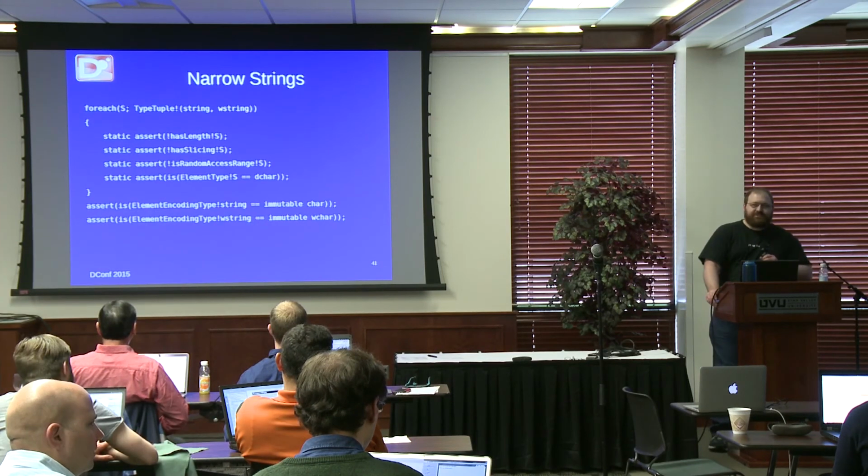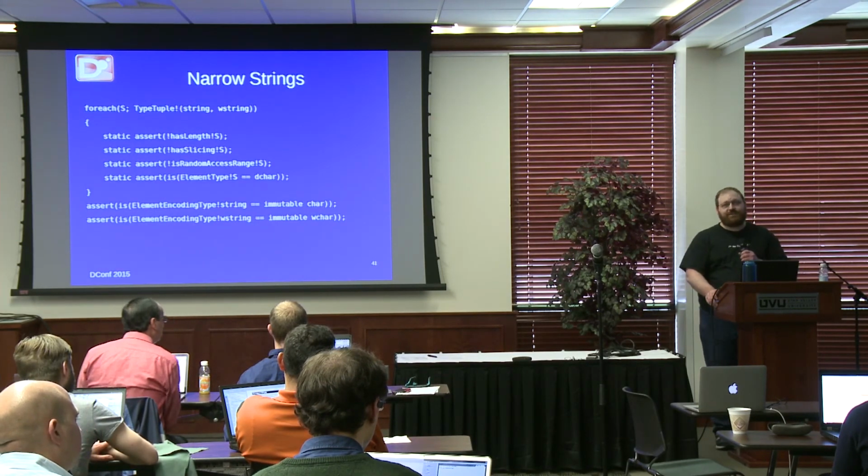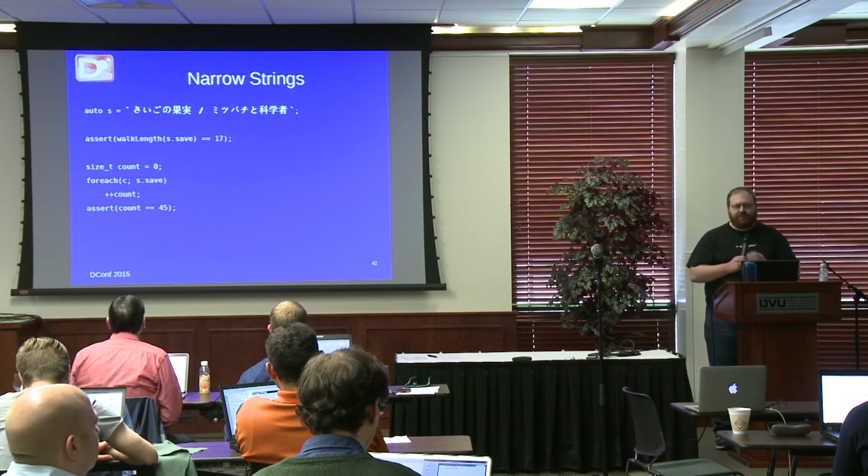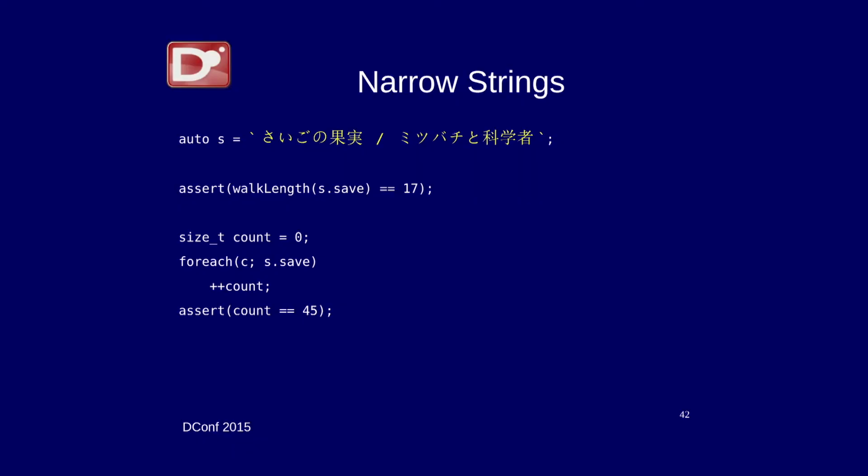And unfortunately, to really use this correctly and have fast code, you actually need to understand a good chunk of it. One of the problems with what we've done with making them all dchar is that walk length does not do the same thing as foreach. Foreach, in this case, which is just counting up, is going to give you 45 for this because that's the number of code units. Whereas walk length gave you the number of code points.